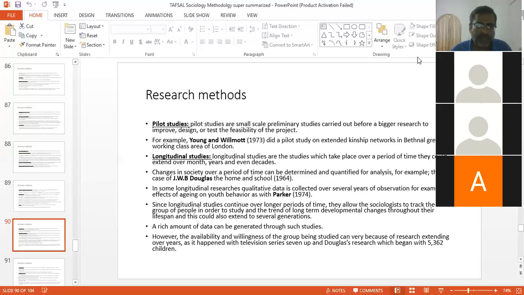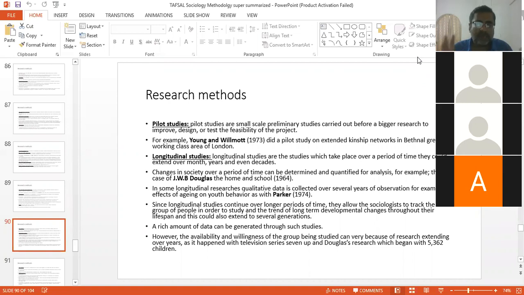So this is a pilot study, and then there are longitudinal studies. Longitudinal studies are studies which take place over an extended period of time on a certain group, and you are observing that group over a long period of time. It can be months, it can even be years. So what is the purpose here?